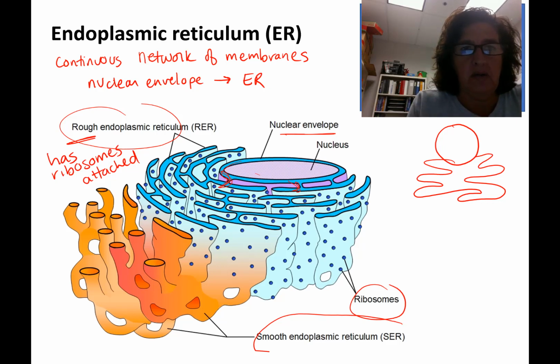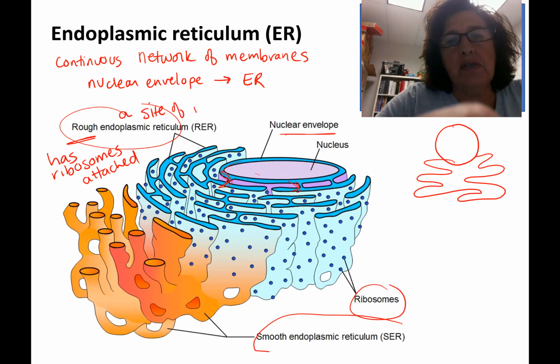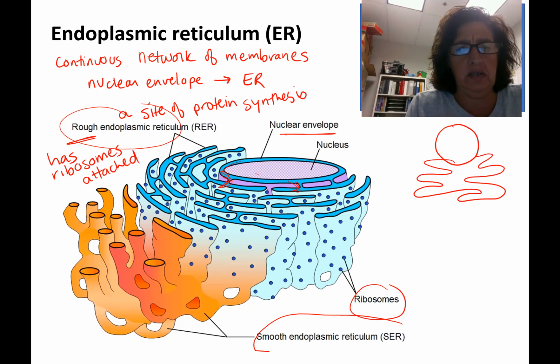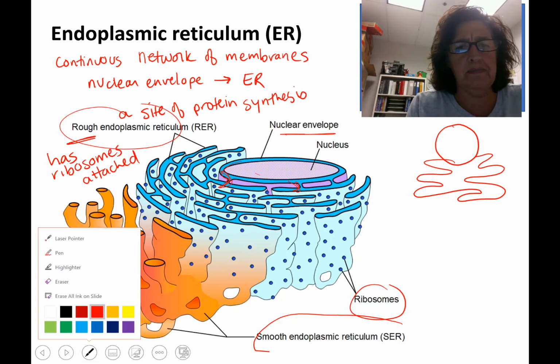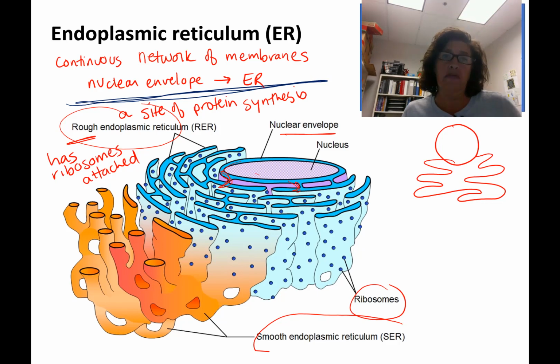So the rough ER is in fact a site of protein synthesis. And we will talk later this semester that proteins can be made on free-floating ribosomes and on the rough ER in eukaryotic cells.